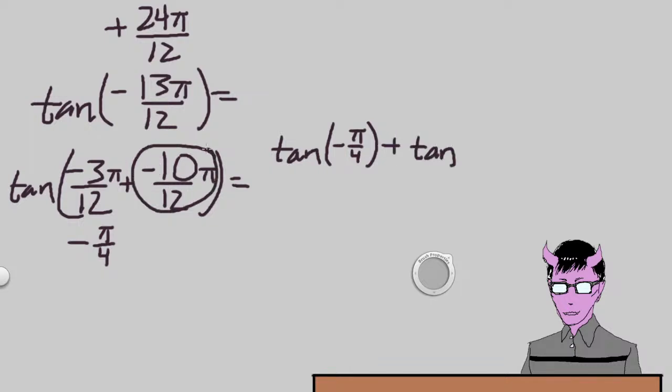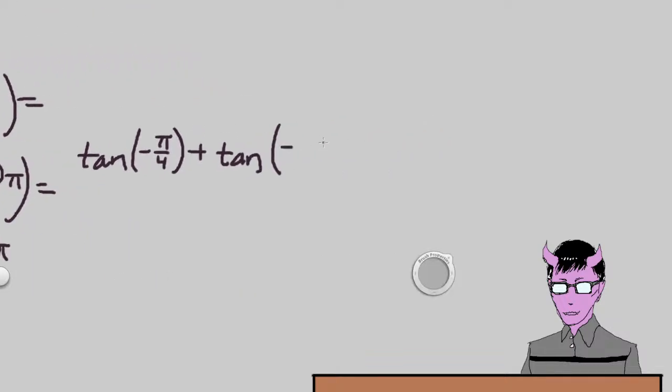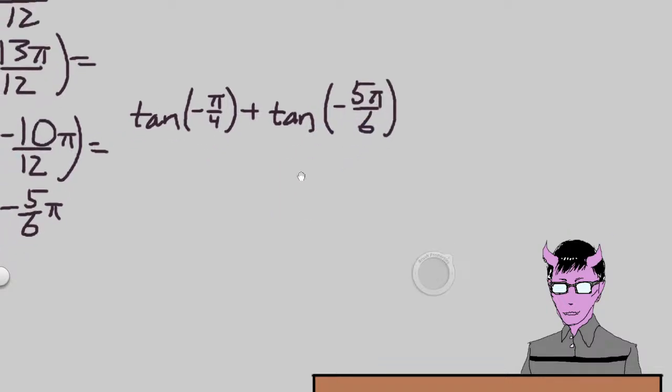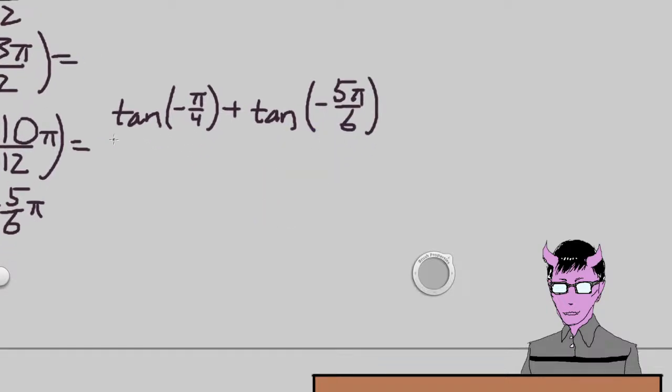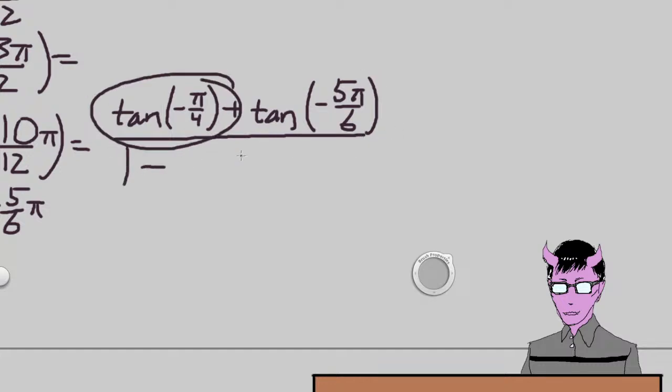Because the minus is the second term of the argument. That one simplifies into 5 over 6. And then following the rest of the algorithm is going to be one opposite sign. This one times that one.